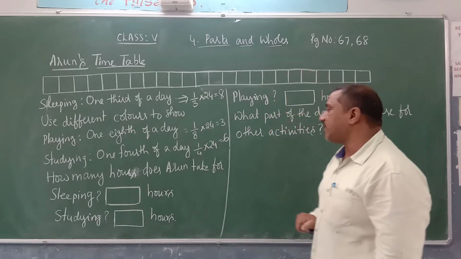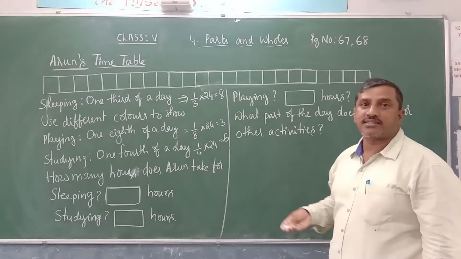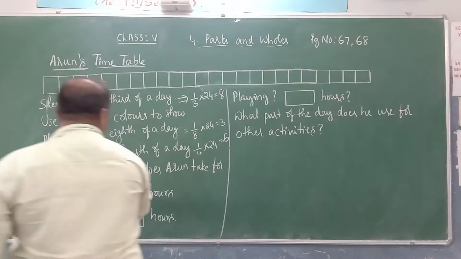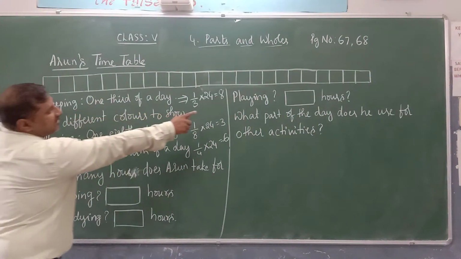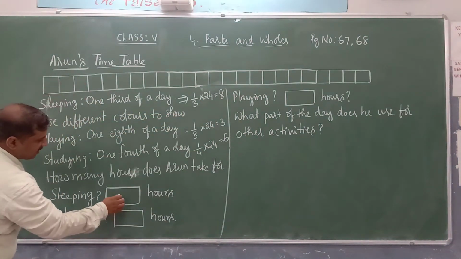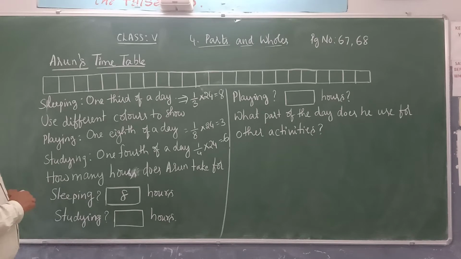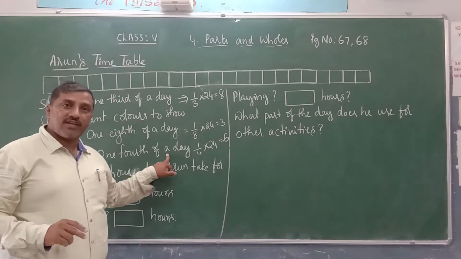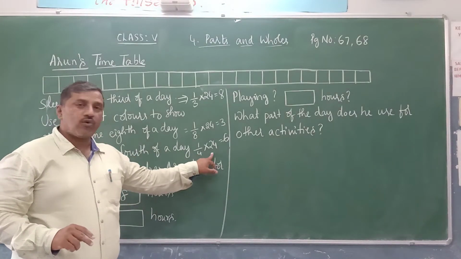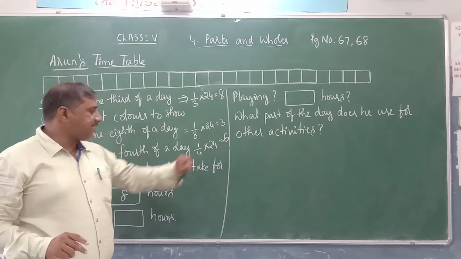Now how many hours does Arun take for sleeping? Yes, it is 8 hours. For studying, how many hours? It is 1/4 of the day, that is 1/4 into 24, which is 6 hours.